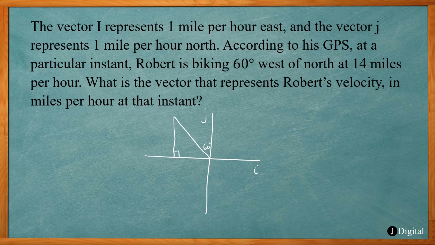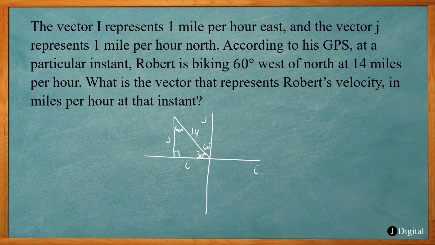So this is 60, this is going to be 30, and this is going to be 60. Remember, a triangle adds up to 180 degrees. Our right angle is 90, so the other two have to add up to 90. This is going at 14 miles per hour. And basically we want to find the i and j components of that.